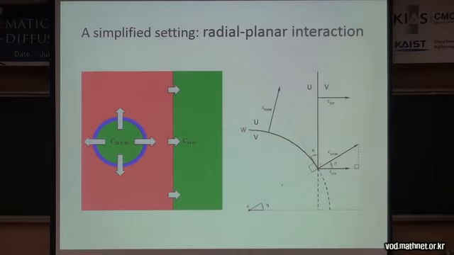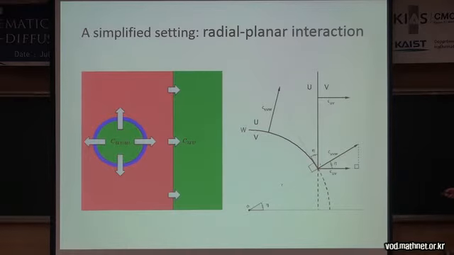A simplified setting in which we can also observe this critical angle and wedge-shaped traveling wave is the interaction of a radial front which is faster than the planar front, as expressed here. Here we have a non-trivial wave which, for R3 equal to 28.3, is faster than the trivial wave, so this wave will catch up with it and interact.